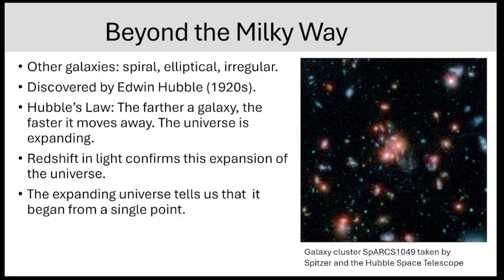The astronomer Edwin Hubble in the 1920s discovered that distant galaxies are moving away from us. The farther away a galaxy is, the faster it recedes from us, and this principle is known as Hubble's law.